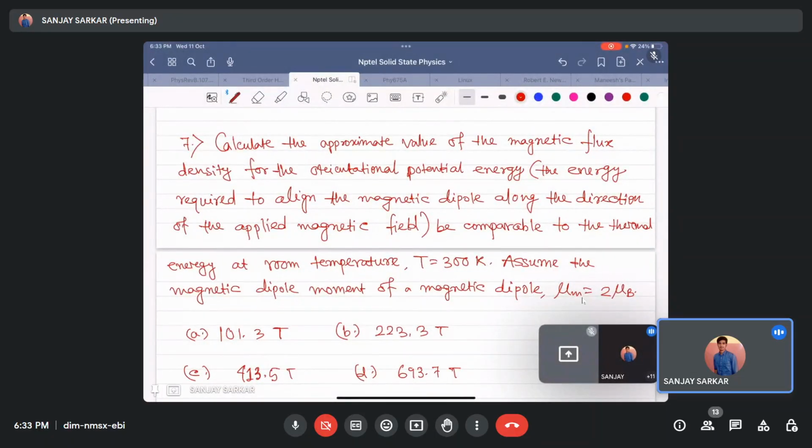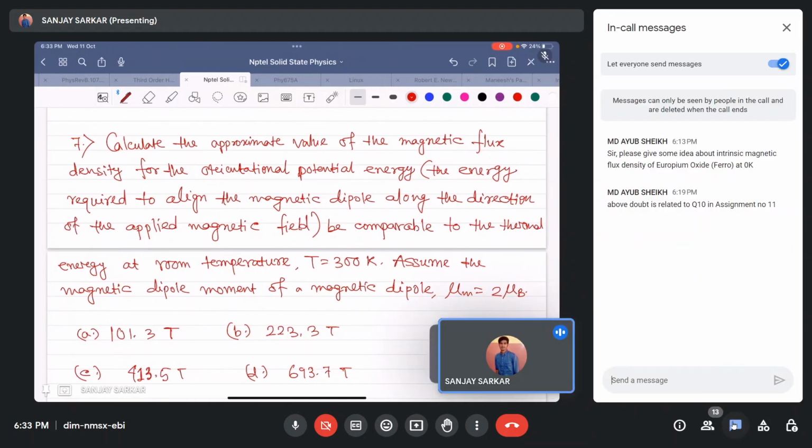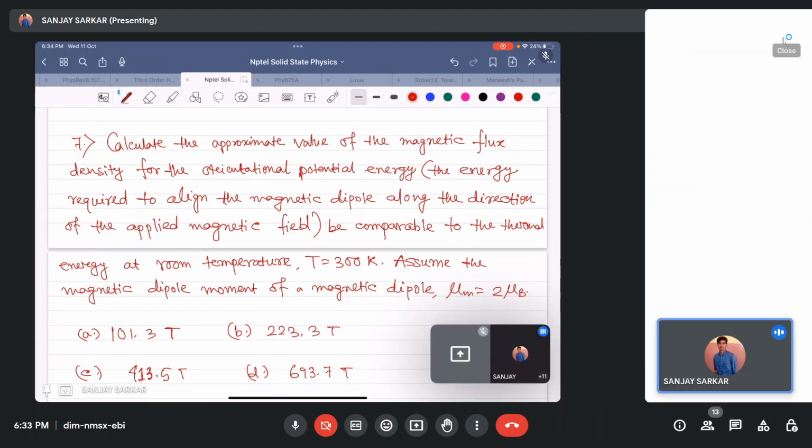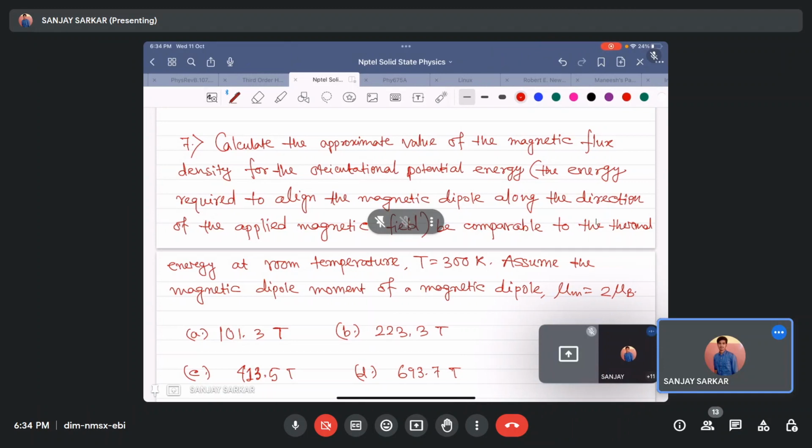So what is the answer to this question, if anyone has calculated? And about the question of assignment 11, I cannot discuss a question from assignment 11 because the due date is today. It's unfair to discuss it, as we were instructed not to discuss assignments whose due date is not over.